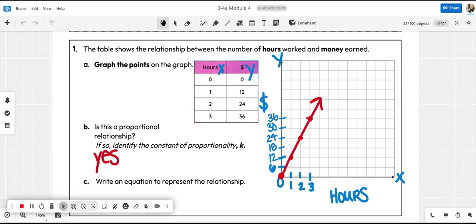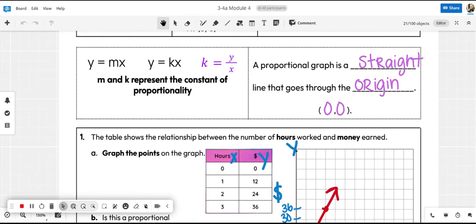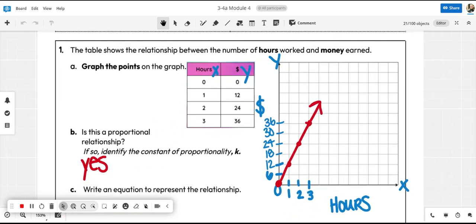If it is, identify the constant of proportionality, or the k value. Notice back up here on our table, it says k is equal to y over x. So if you look at this table and do y over x for all of these, for example, 12 over 1 equals 12. Let's do another one. Remember, y over x, 24 over 2 is 12.